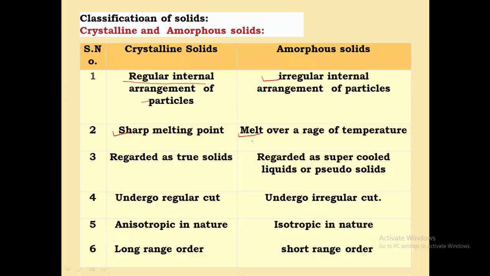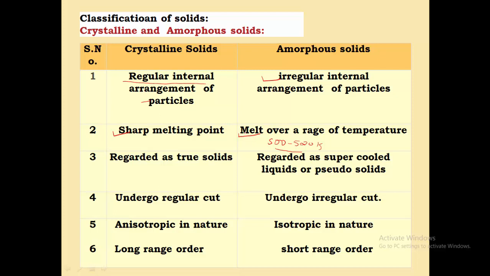Instead, we can mention the range, that is, the melting point is around 500 to 520 Kelvin and 1000 to 1100 Kelvin. So they melt over a range, and hence they don't have a sharp melting point.